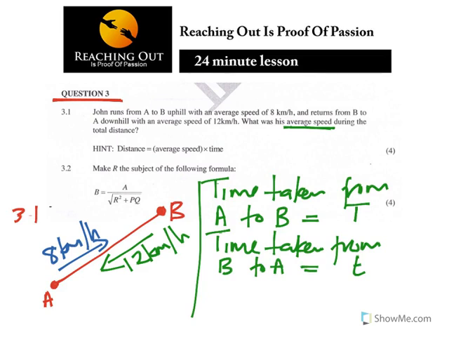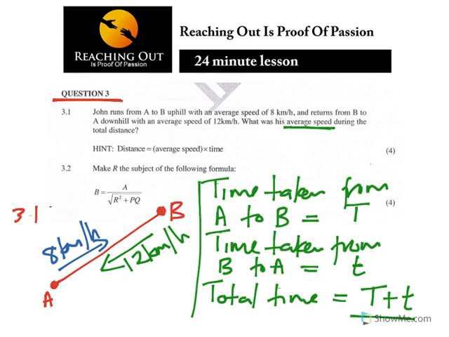Now what is the total time taken? It is T plus t. Remember, time taken from A to B is the capital T, and time taken from B to A is a small t. So if you want to find the total time taken for the whole journey going to B and coming back to A, it is T plus t. Let's hold it like that. We'll come back to this.